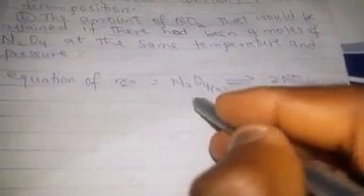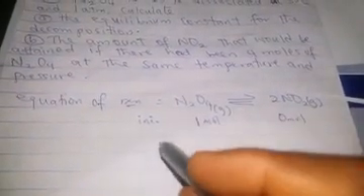Now let's see the solution for this particular question. For N2O4, first of all, we can assume that the initial amount is 1 mole, while for NO2 it is 0 mole. That leads us to the equilibrium concentration.